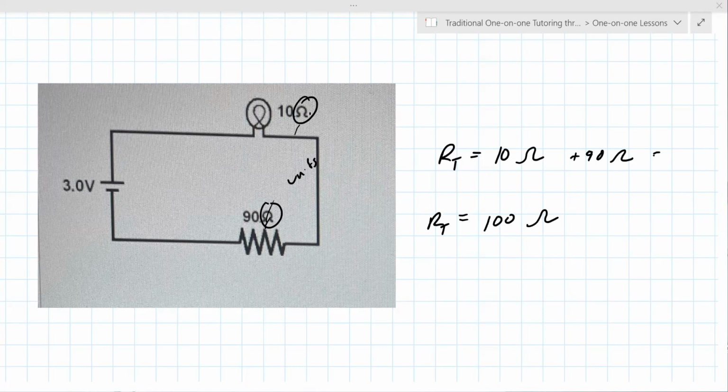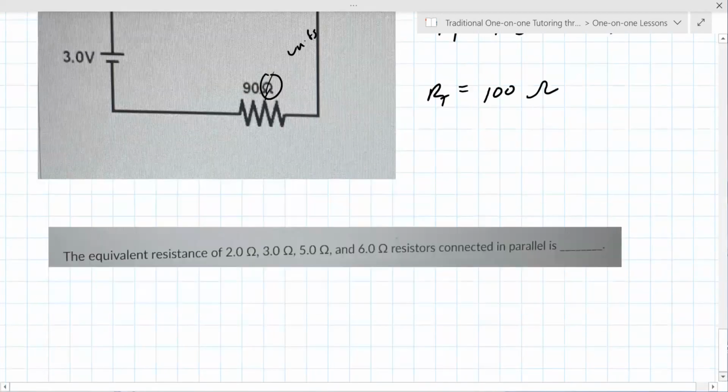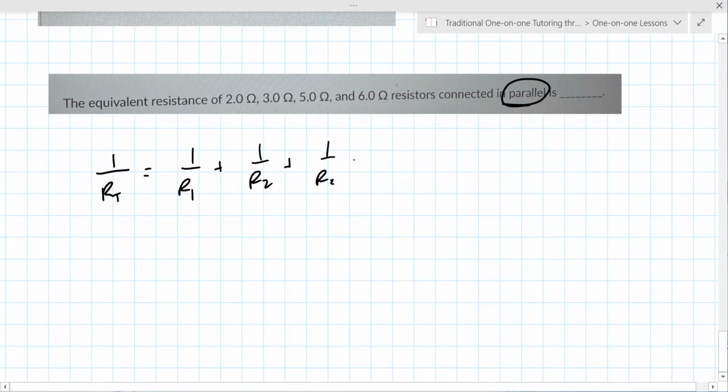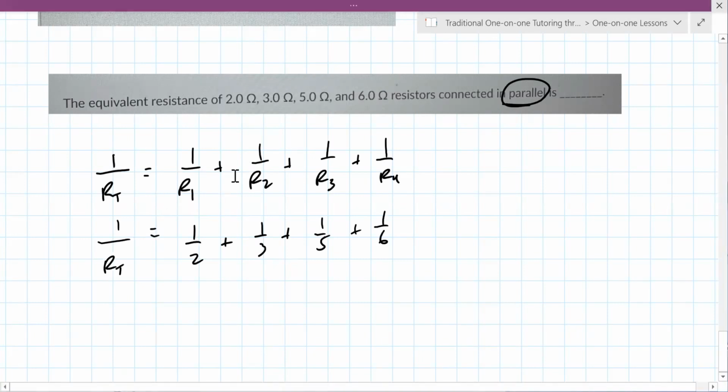Okay, so we're going to do 8 next. The equivalent resistance of 2 ohm, 3 ohm, 5 ohm, 6 ohm resistors connected in parallel. Parallel is that key word. When they're parallel, it's 1 over RT is 1 over R1 plus 1 over R2 plus 1 over R3 plus 1 over R4. So it's 1/2 plus 1/3 plus 1/5 plus 1/6. Probably a good idea to add these up on the right there.